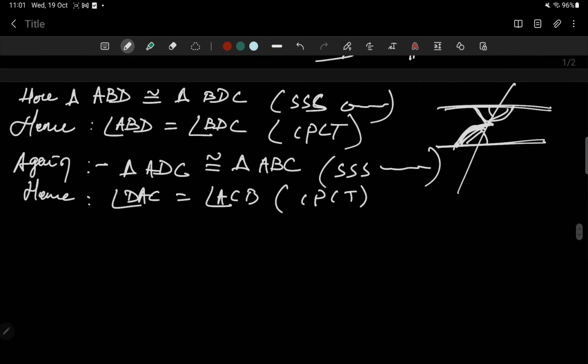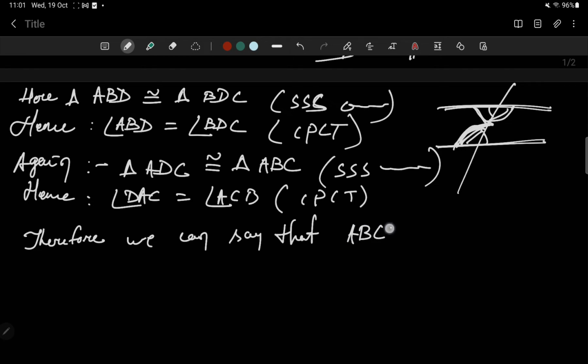Therefore we can say that ABCD is a parallelogram.